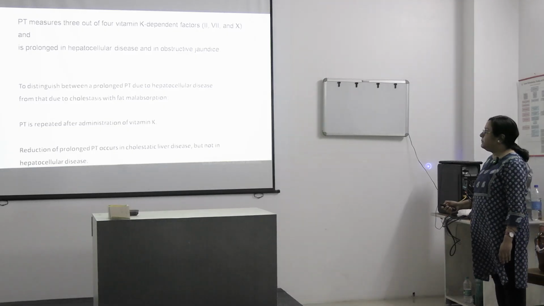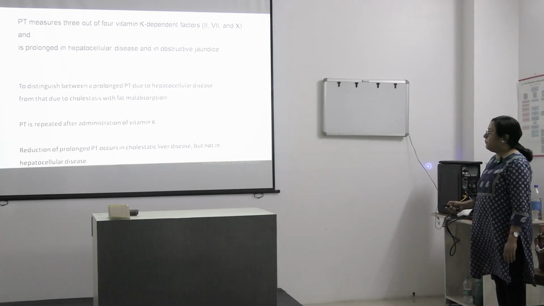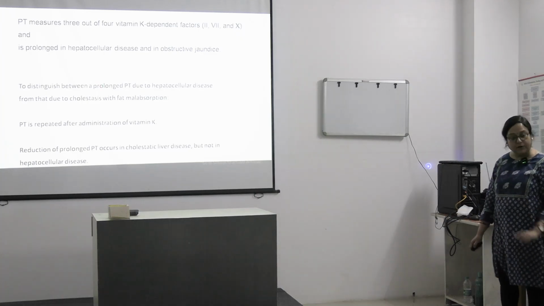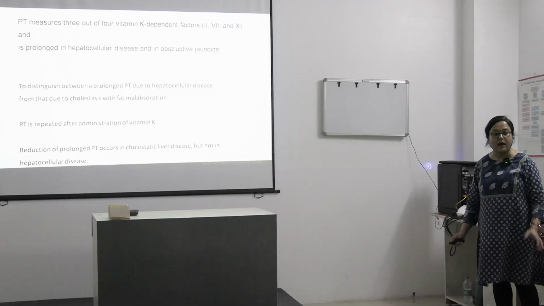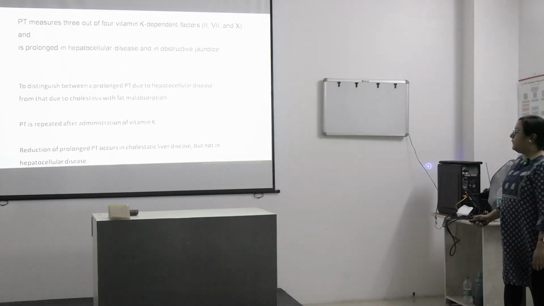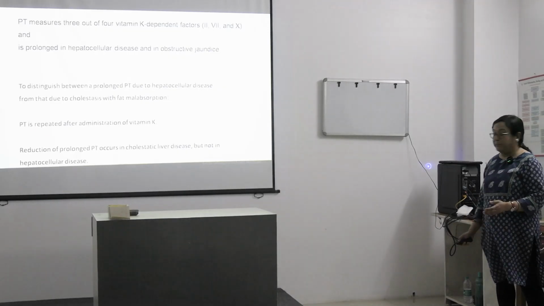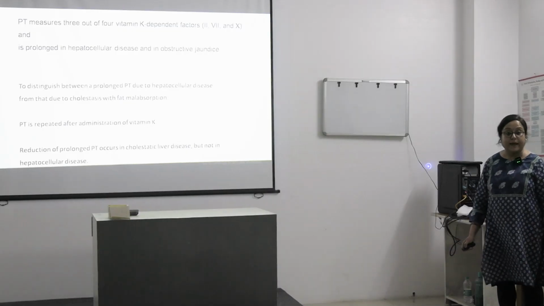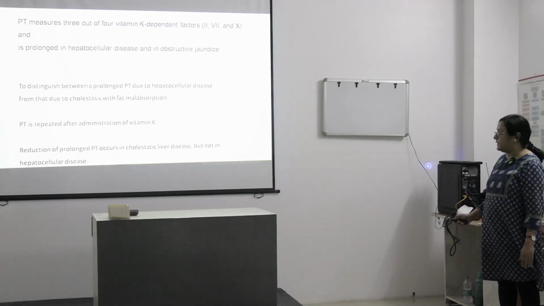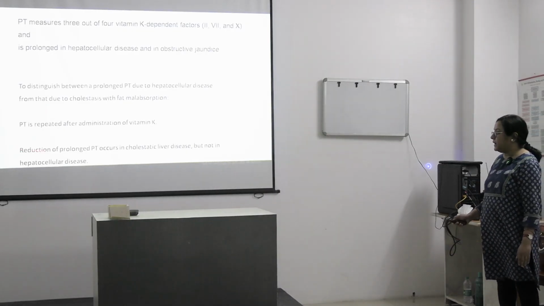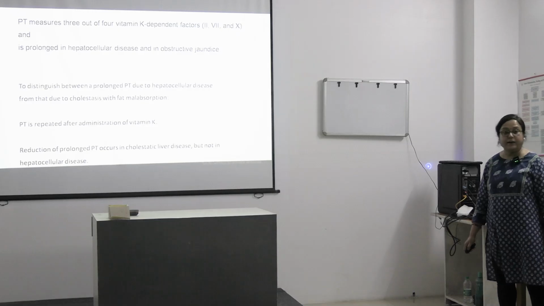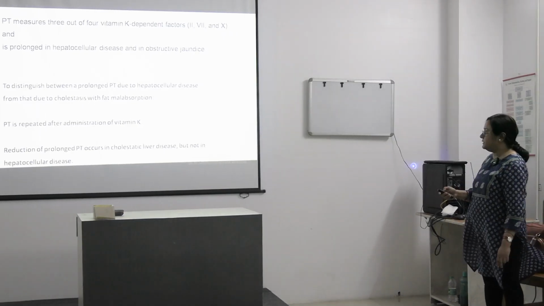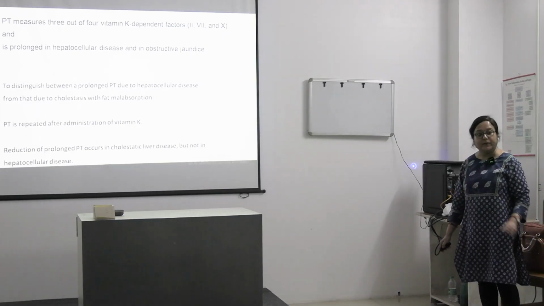To distinguish whether prolonged prothrombin time is due to hepatocellular jaundice or cholestasis, that is obstruction, prothrombin time is tested after administration of vitamin K. If there is reduction of the prothrombin time, it occurs in cholestatic liver disease but not in hepatocellular disease. In this way we can distinguish the cause.